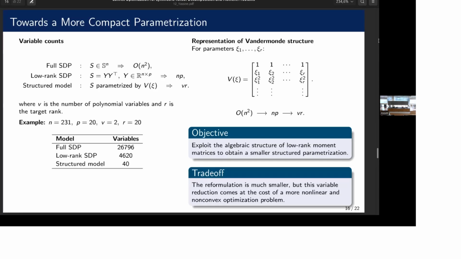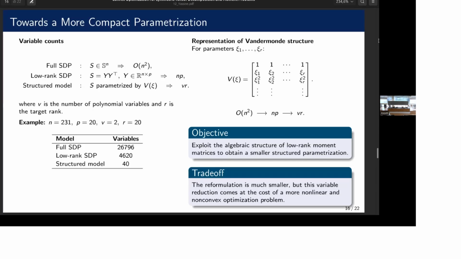You can see in this example, taking n equal to 231, p equal to 20, v equal to only 2, and r equal to 20, the difference between the number of variables in every model.